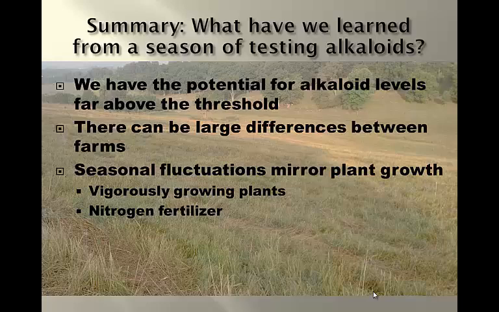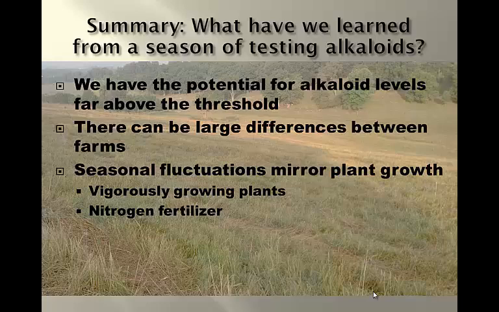In summary, what have we learned from one season of doing this alkaloid testing? One, we have the potential for alkaloid levels that are far above any threshold that you would draw, whether that's 0 or 500. We've got some pretty hot stuff out there.